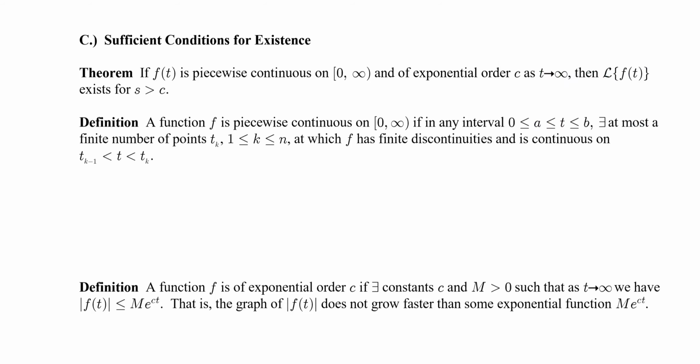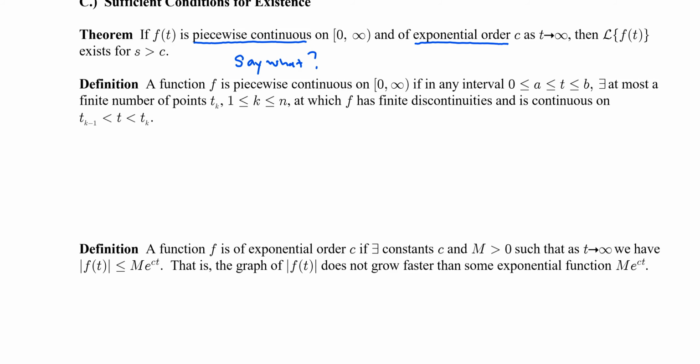If f of t is piecewise continuous on 0 to infinity and of exponential order c as t approaches infinity, then the Laplace transform of f of t exists for s greater than c. So the Laplace transform of a specific function is going to exist if that function is piecewise continuous and of exponential order c. And you're probably thinking, what in the world does that mean? So we're going to take the time to define those two things.